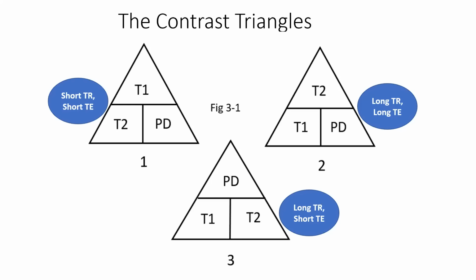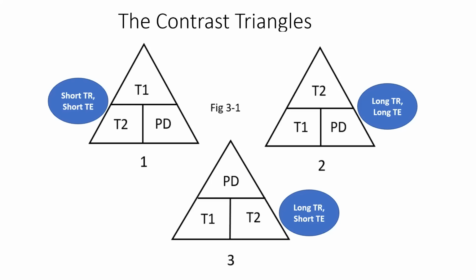It's down the bottom. Triangle number two, we're going to use a long TR and we're going to minimize T1. A long TR puts T1 down the bottom. A long TE is going to maximize T2 contrast, put it up the top. And then again, by process of elimination, proton density is down the bottom.